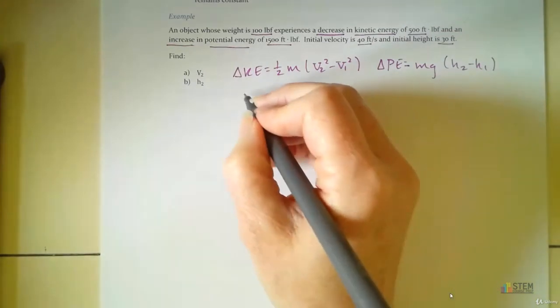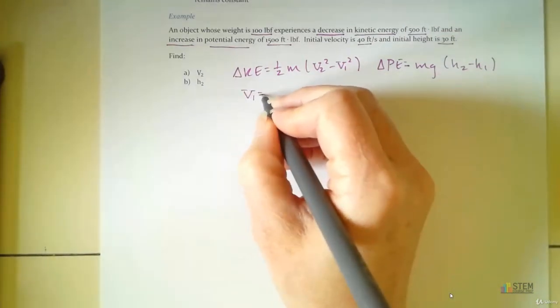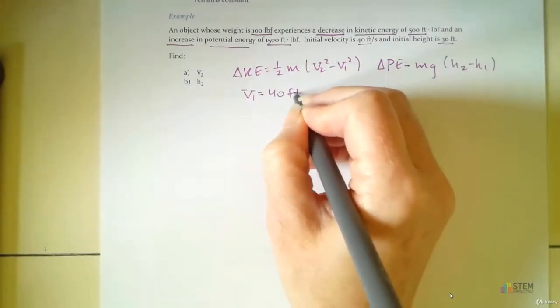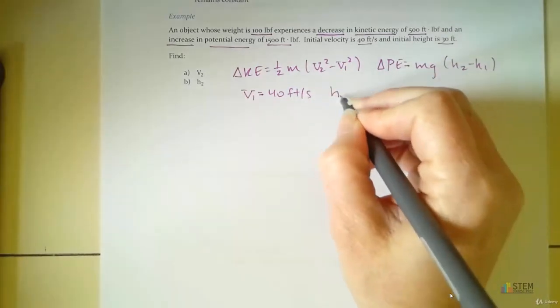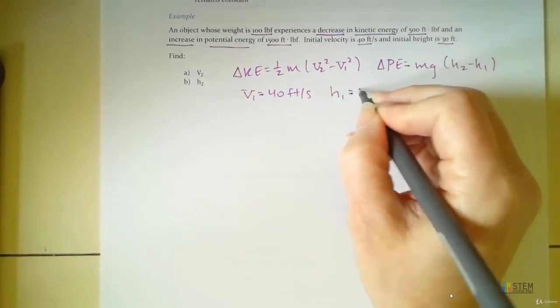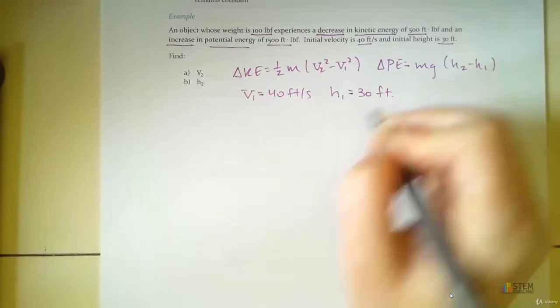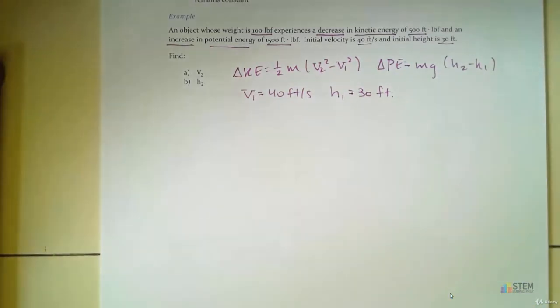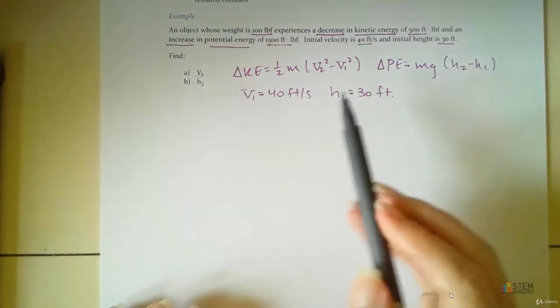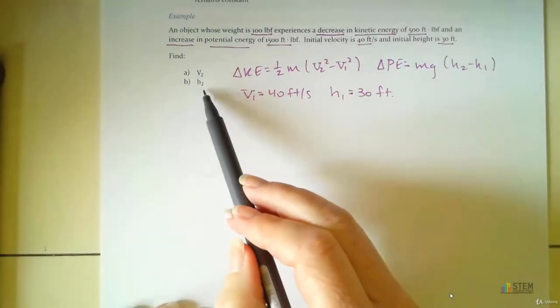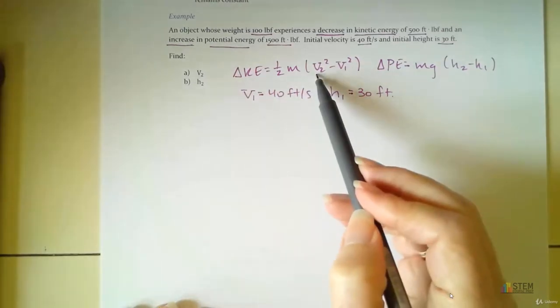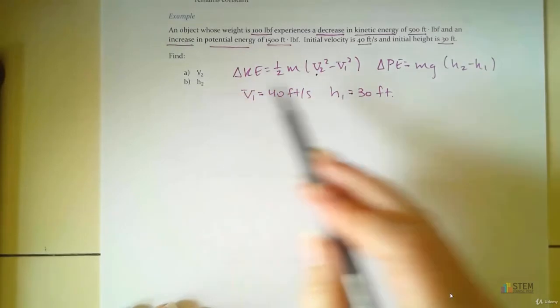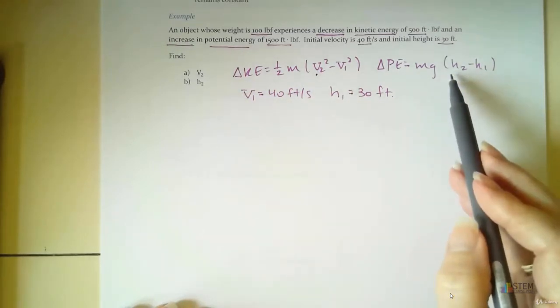Okay, so your initial velocity, which is v1, is going to be 40 feet per second, and then your initial height, which is h1, is given as 30 feet. All right, so now we know that. Now we want to find velocity and then height. So to get velocity, we're going to use this kinetic energy equation. To get our height, we'll use the potential energy equation.